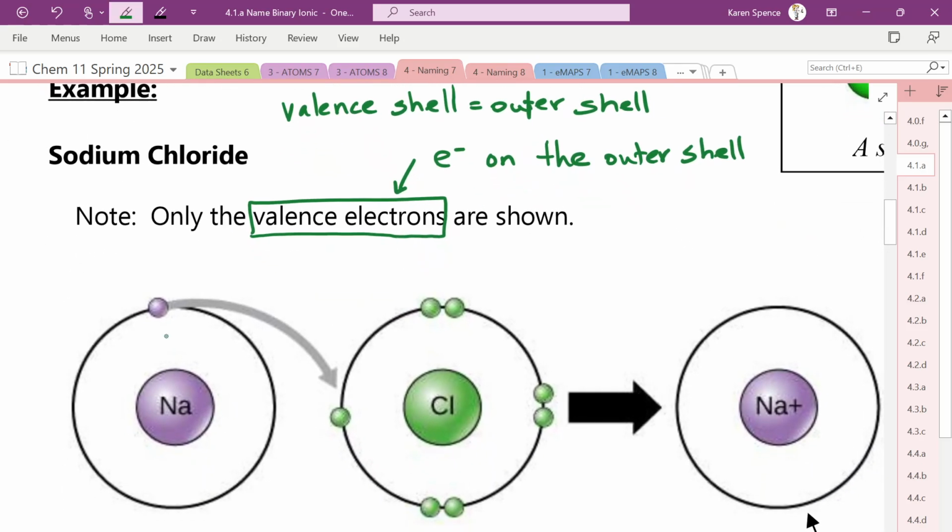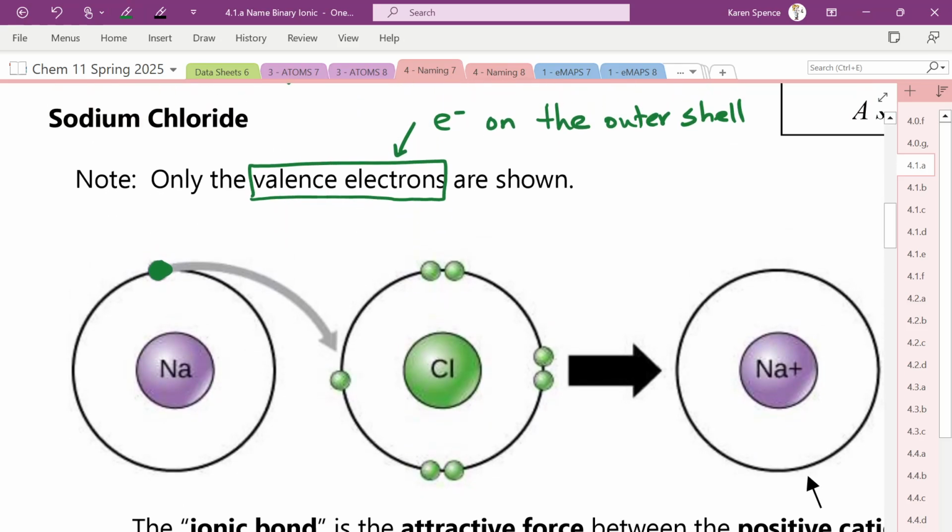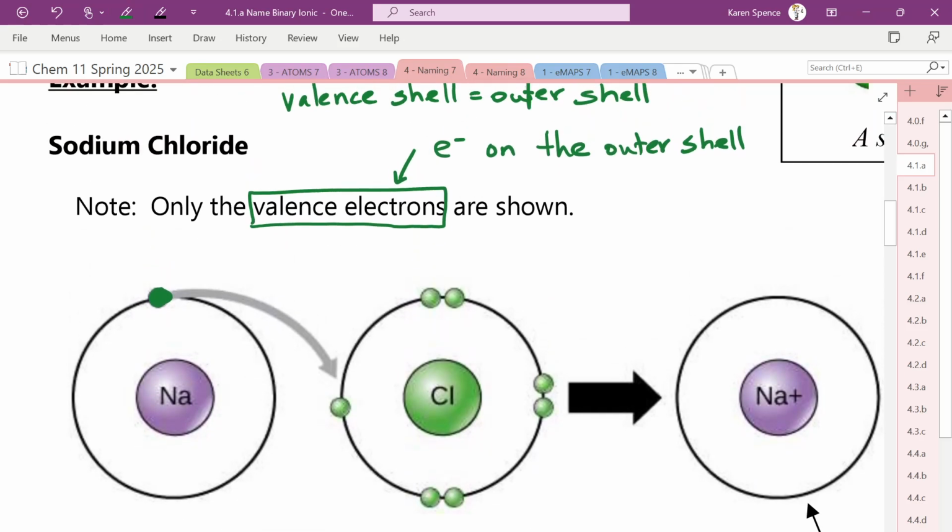Sodium has 1 electron in its outer shell. Is that stable? No. If you recall, what type of shell do atoms like? Atoms are stable when their shells are full. Outer shell is full.